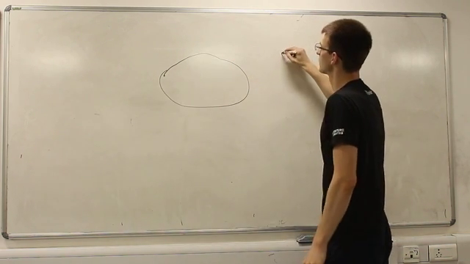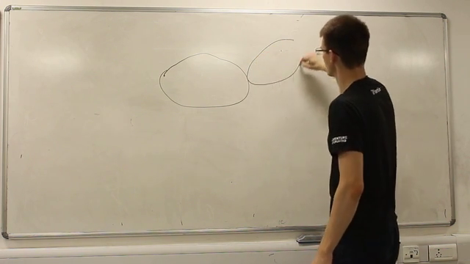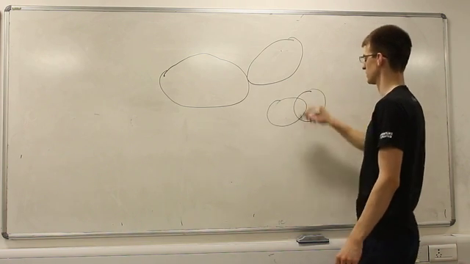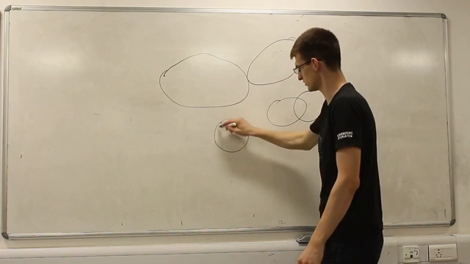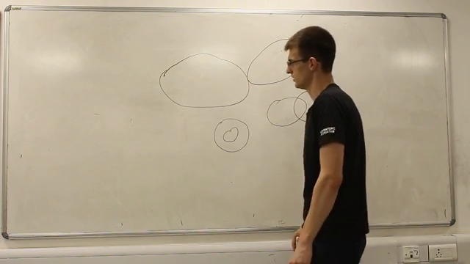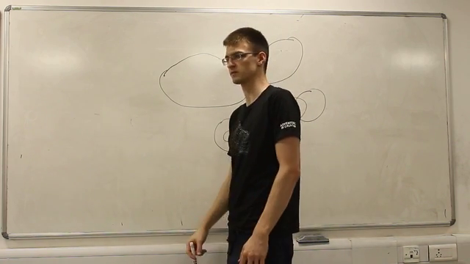It's possible that they will intersect from the outside only. It's possible that they will intersect like that. It's possible that they won't intersect because one will be inside the other. And it's also possible that they will intersect many, many times.